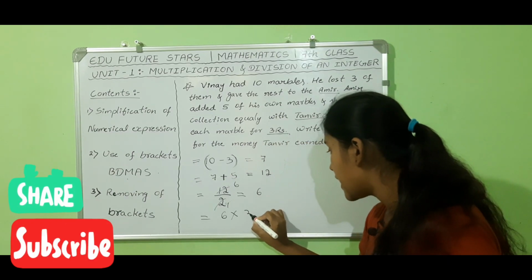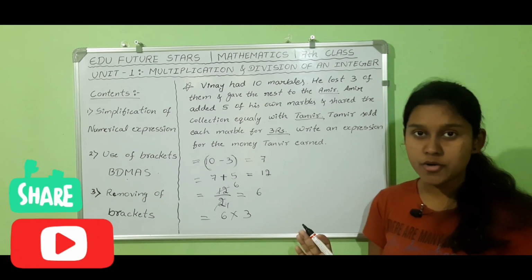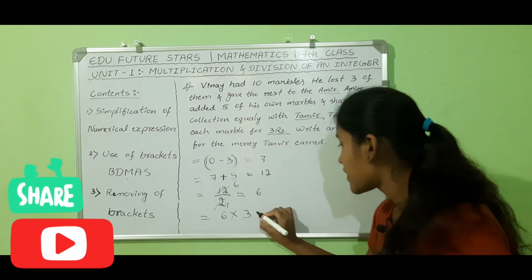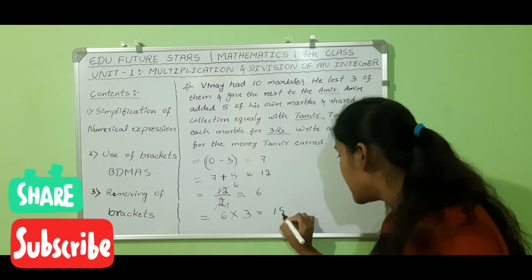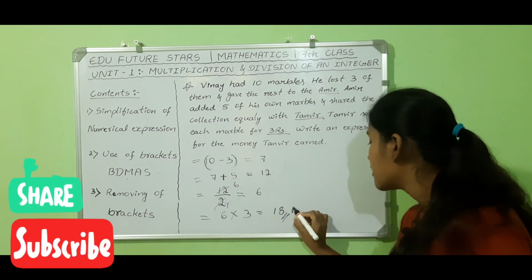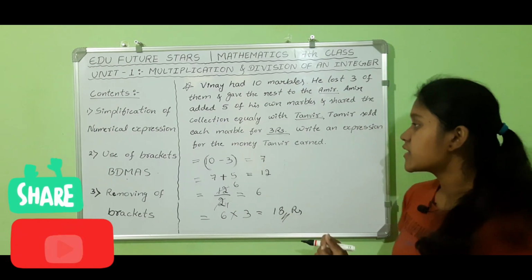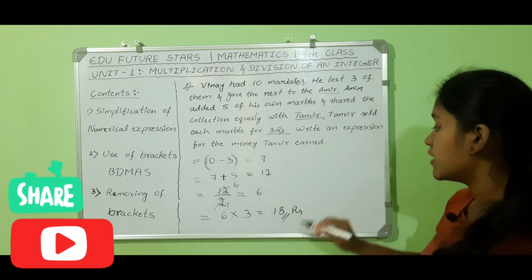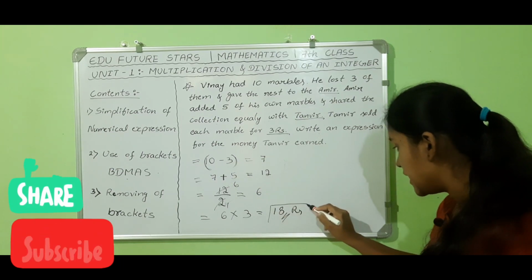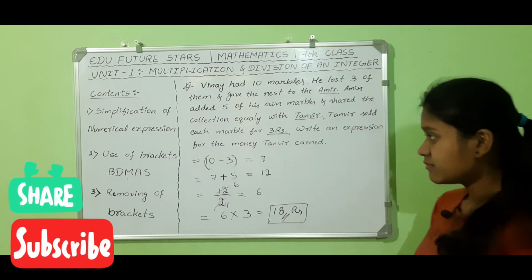When we multiply 6 into 3, we will get the total cost of those marbles. Got it? 6 into 3 is what? 18. Correct? So 18 rupees total. Write an expression for the money Tanvir earned. Tanvir earned 18 rupees. Got it?